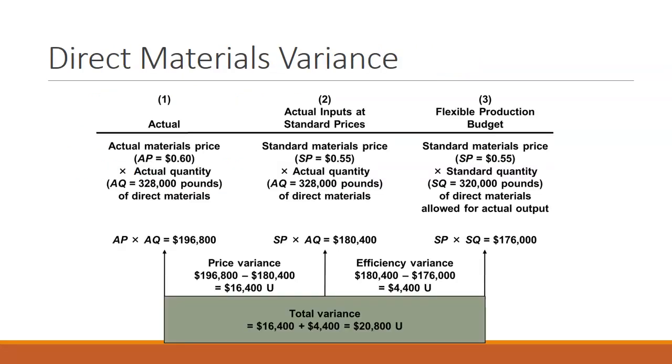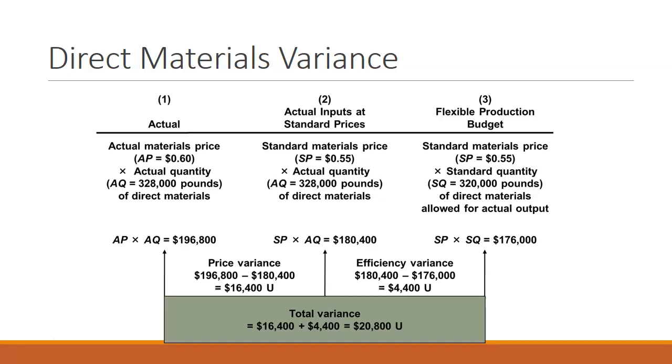So our direct materials variances for this problem from your textbook, and I've left all of the numbers in here on the slides. On the right, let's look at our flexible production budget. Our flexible production budget is our standard materials price times the standard quantity we should have used for direct materials allowed for actual output.